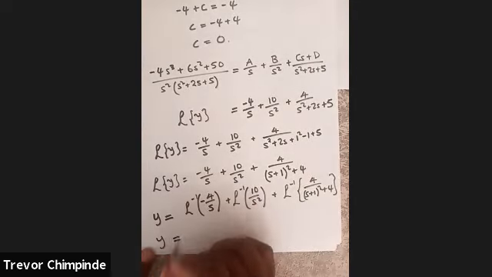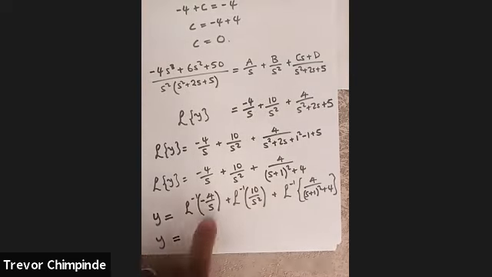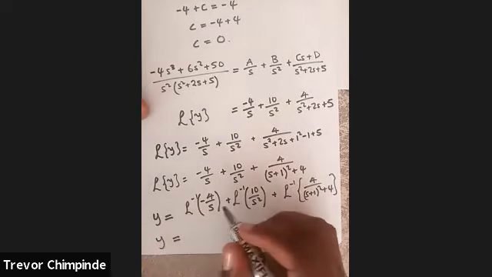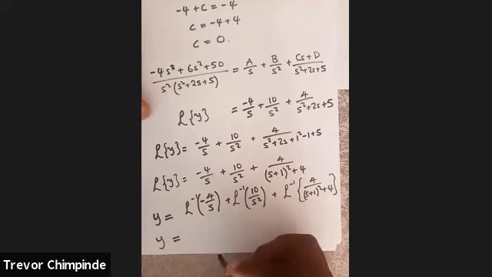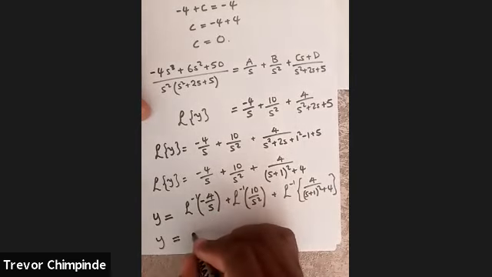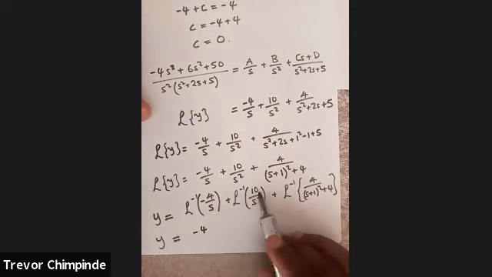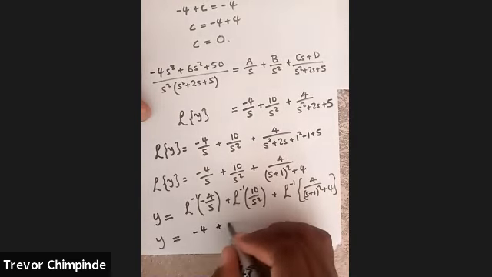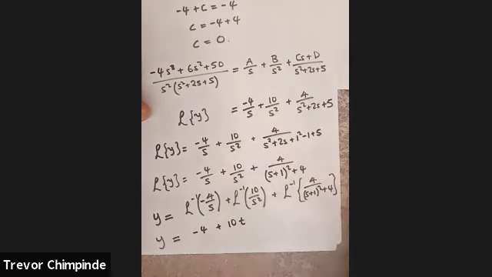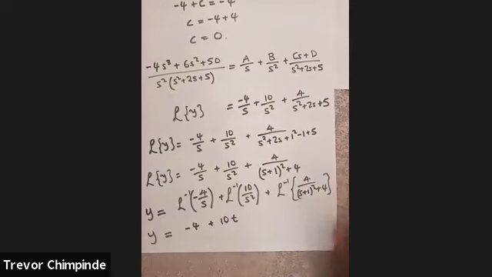So y is equal to, for the first one, the inverse Laplace of 1 over s is just 1, so this is just negative 4. The inverse Laplace of 1 over s squared is t, so this is just plus 10t. And for the last one, it looks like a sine.